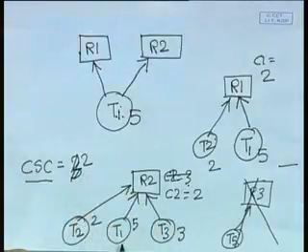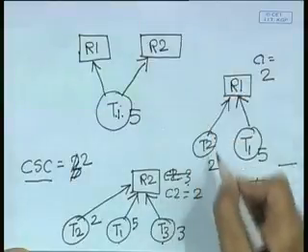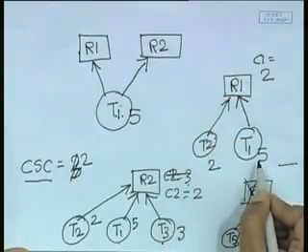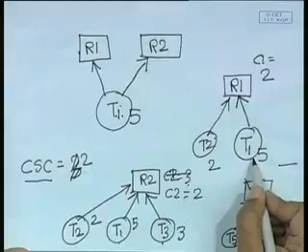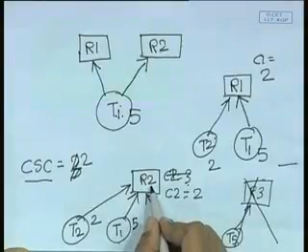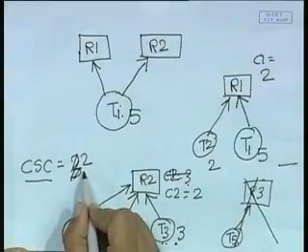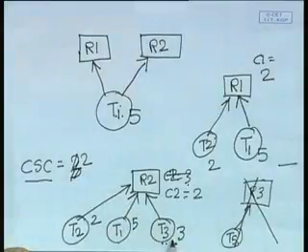Let us say T3 wants to acquire R2. Because T1's priority was not increased by acquiring R2, let us say T3 started executing, because its priority is 3, and after some time it wanted to use resource R2. Then T3's priority will be checked against 2, and it is not higher than the ceiling, so T3 will be prevented from locking.